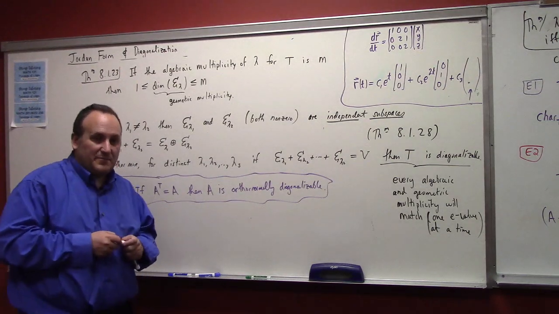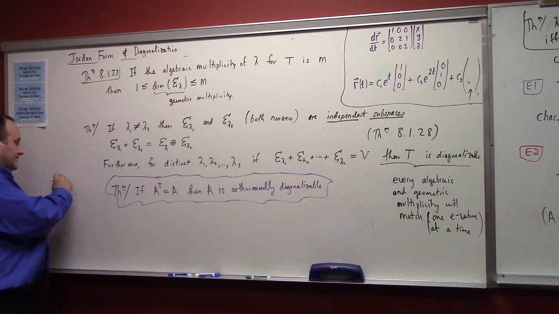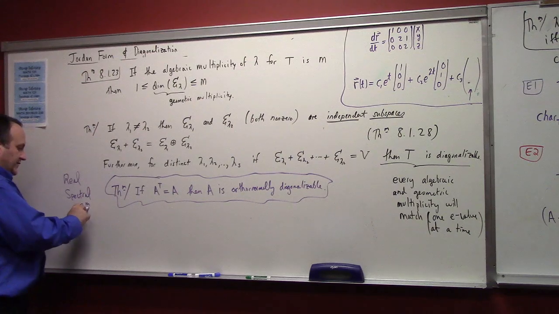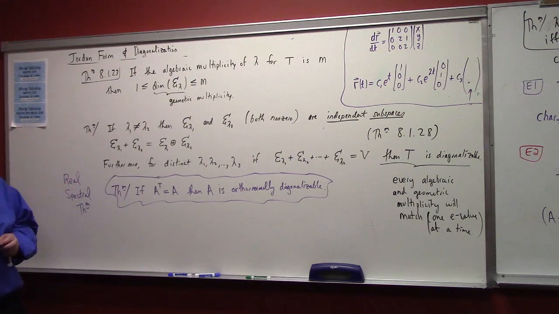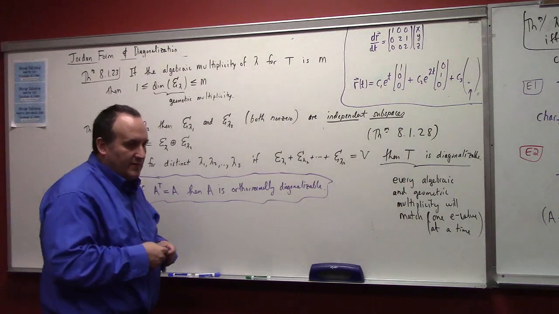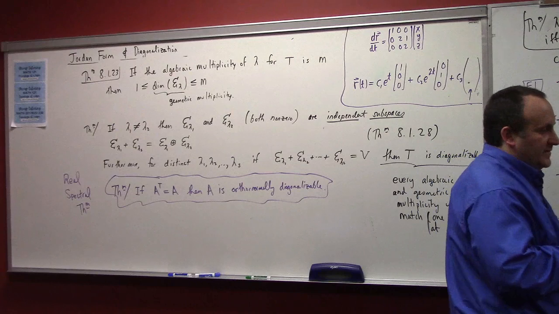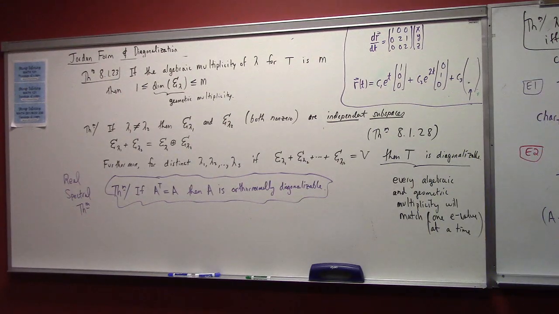This is an amazing theorem. This is the real spectral theorem. It also implies that the eigenvalues of a symmetric matrix are all real. They're all real. So symmetric matrices are just incredibly nice.